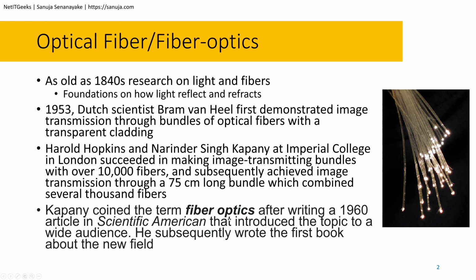As a result, we subsequently achieved image transmission through a 75 centimeter long bundle, which combines several thousand fibers. This was a huge step for modern day optical fiber or fiber optics communication systems.